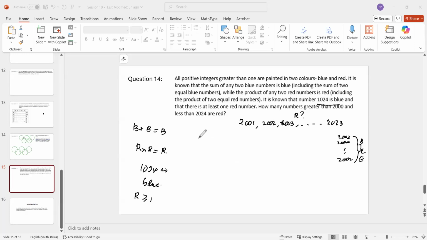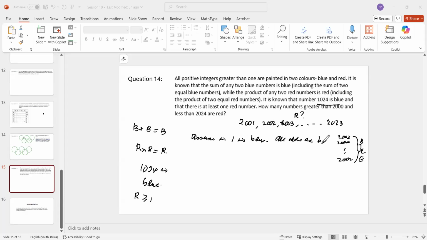I assume that 1 is blue. Oh, but then you're going to get everything is blue. The reason being that if I add 1 to 2, which is blue, if I add 1 to any even number, which is blue, then I'm going to get all the odd numbers, you see? So that means all odds are blue.